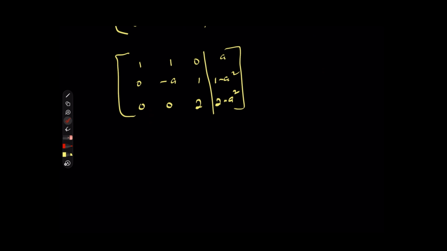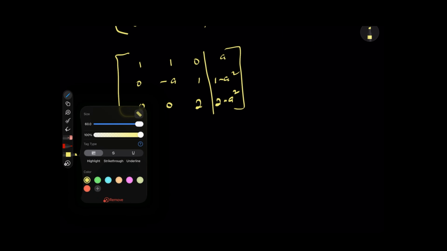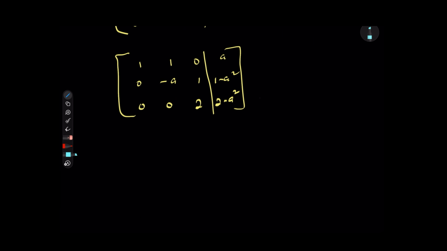So before we go a little bit further, what does it mean for this thing to have a unique solution? If it has a unique solution, then I want this last row to look like this. This number here, this scalar 2, corresponds to the entry that has the variable z attached to it.